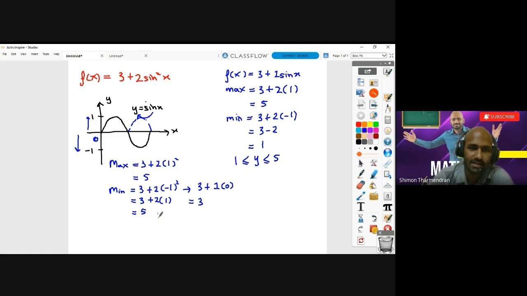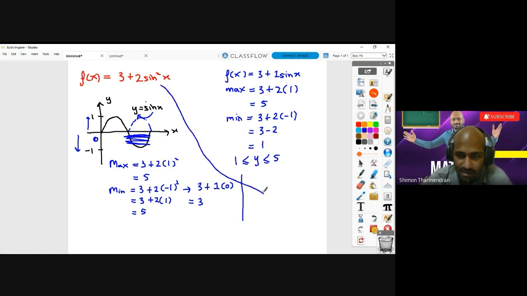The part down here doesn't exist when you square. So when it's 0, we have 3. The range for this function, the original question, you have to use 0. So this is your minimum point, and your maximum point is 5.